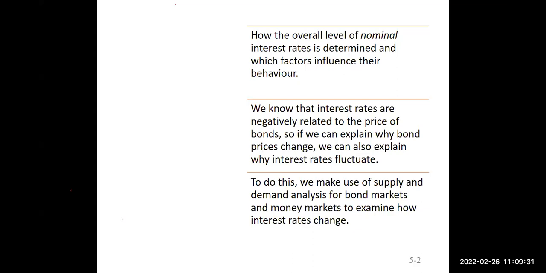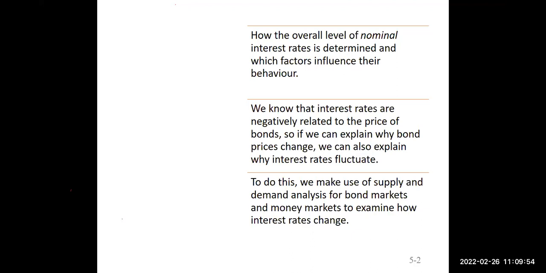So in that way, we not only determine the interest rates, but we also determine how these interest rates are going to change in the future, because we know that the bond's demand and supply change because of certain reasons that we are going to study in this chapter.